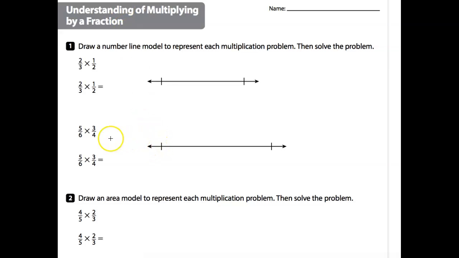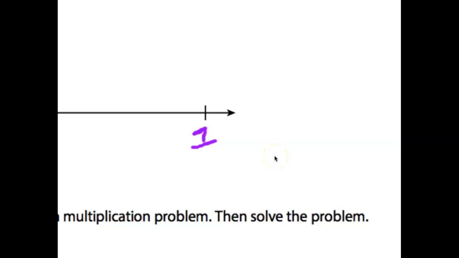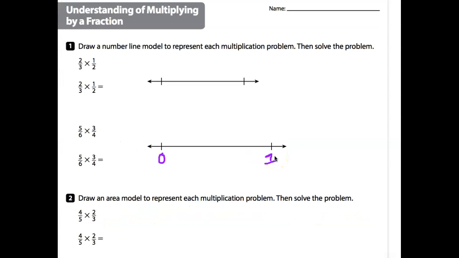So on this one, 5/6 times 3/4, again, we're going to start with 0, and then we're going to go here to 4/4, which is 1. 1 is the same as 4/4.